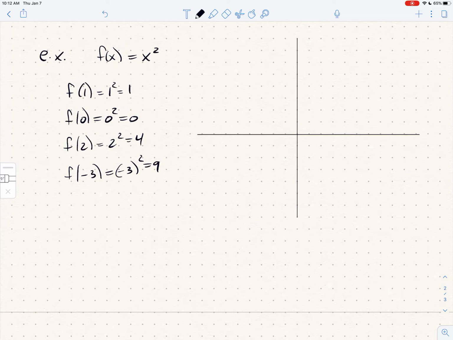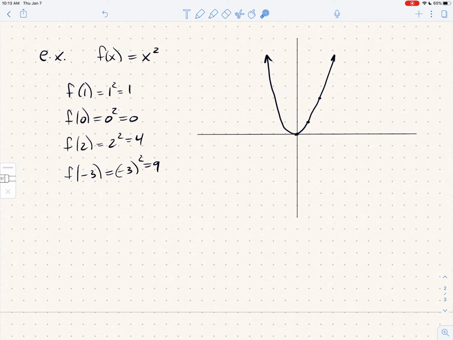There we go. All right, so 0 goes to 0, 1 goes to 1, 2 goes to 4, and so forth. But at some point, you're going to just fill in the missing points. You can't possibly graph them all by hand. And so we actually write down the graph of the function and say that that's more or less it.